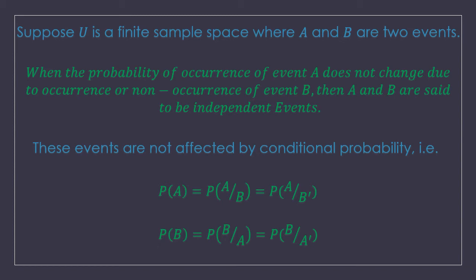Now this is one of the most important concepts, because it will be very useful in this tutorial itself. So remember that independent events are not affected by the conditions. Remember this statement in your minds.